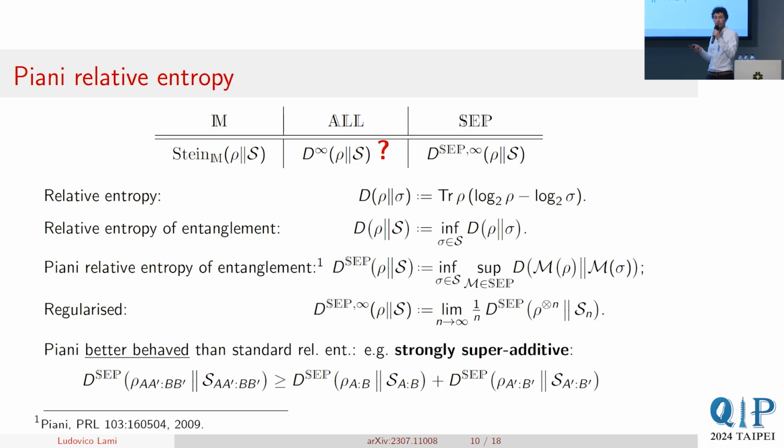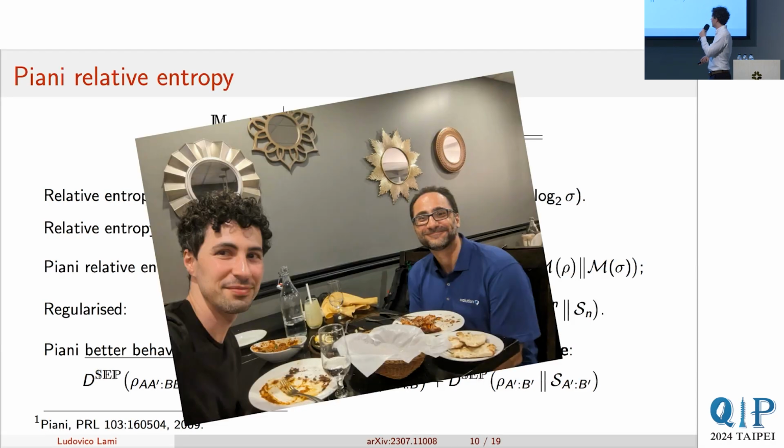This is a very useful property that is shared by just a handful of entanglement measures, and this is one of the reasons why they could compute the Stein exponent over here. So it seems more complicated, but it turns out that it's actually easier to manipulate.